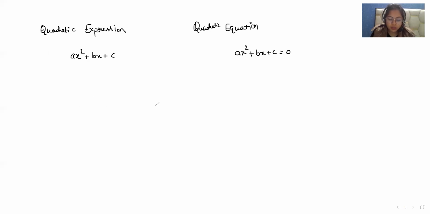So here x is the variable and a, b, and c are the constants.